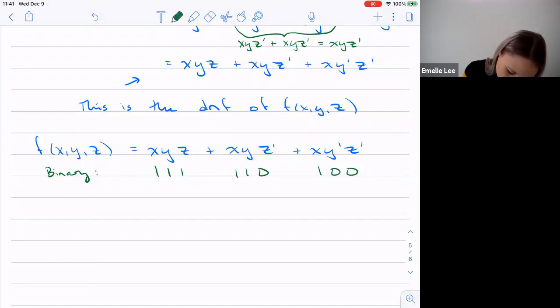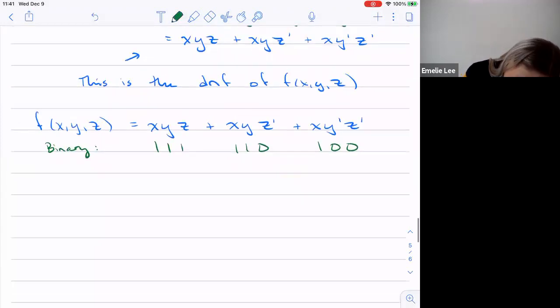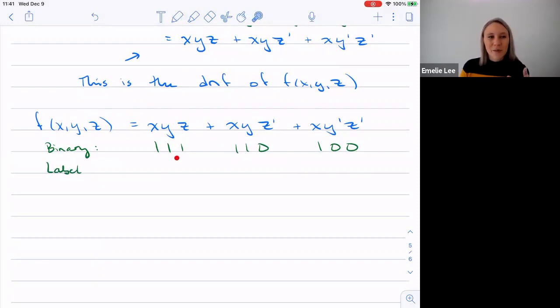And so here, my label then is just converting this from binary to decimal. And so here I've got 1 plus 2 plus 4, so putting me at 7. Right? 1, 4, 6, 7.